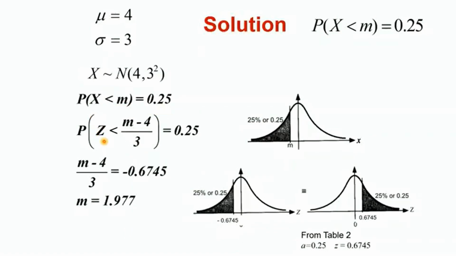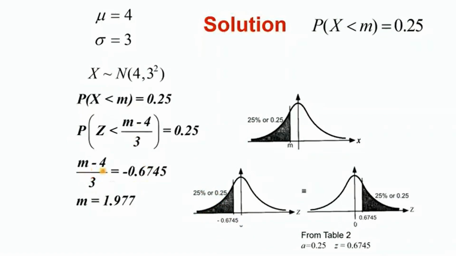Probability of z less than m minus 4 over 3 is 0.25. Because the probability of x less than m is 0.25 and the probability of z less than this value is 0.25. And also from the table, the probability of z less than negative 0.6745 is also 0.25. I compare these values.